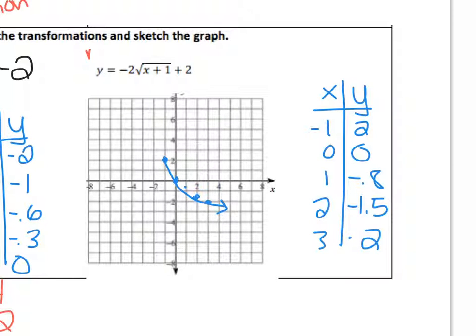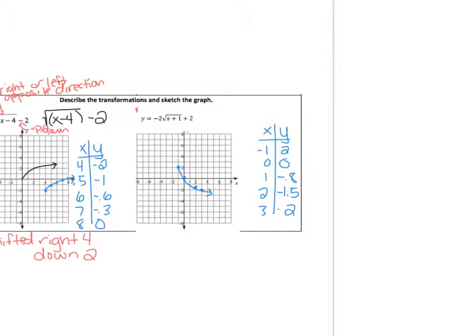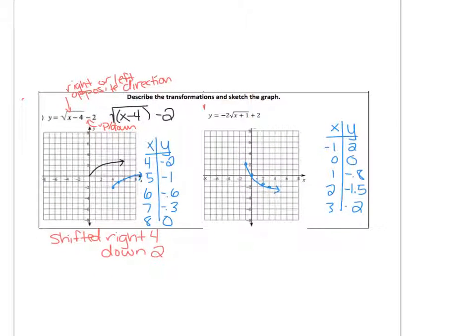My graph's a little off with the drawing, but it's okay. Now something different about this graph is the negative 2 out in front. So if you compare it to our other graph, you'll notice what? First of all, it's flipped, right? That's what that negative does. And that 2 changes the steepness.